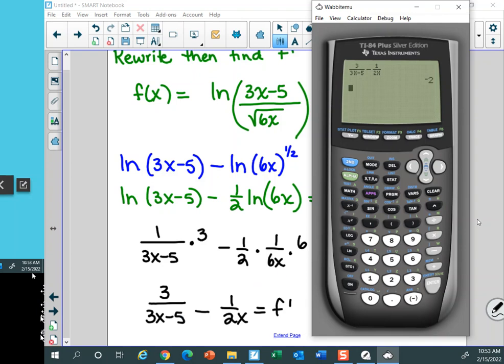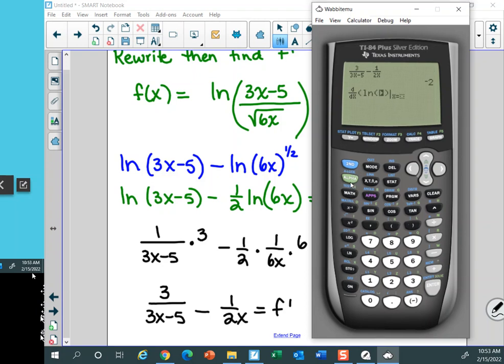Okay, now here comes the tricky part. I got to make the calculator tell me the value of the derivative of the natural log of this without rewriting it. So this is going to be pretty messy. I'm going to do the derivative of the natural log of, now here's the thing, your calculator will give you derivative values.